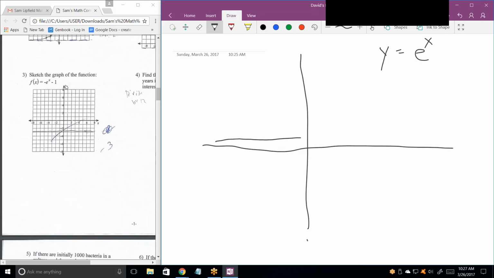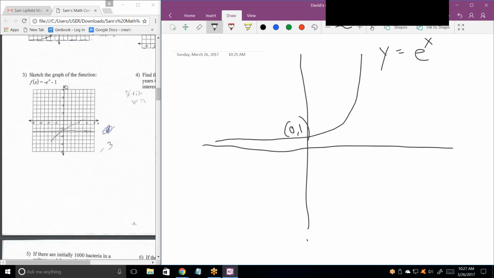Well, it looks just like every other exponential function, like that. In other words, it looks very similar to y equals 2 to the x or y equals 10 to the x. They're all exponential functions, and they all go through this point, 0, 1. Notice why. When I make x 0, y equals 1, regardless of whether that's e or 2 or 10.